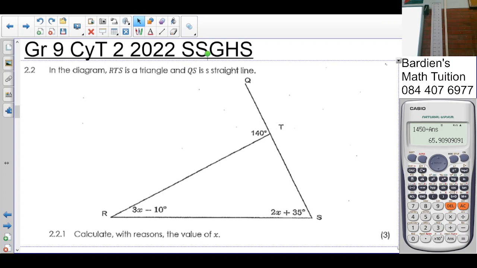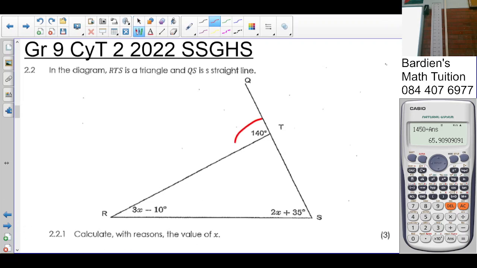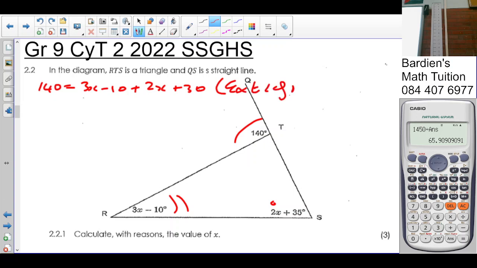But all in the diagram, RST is a triangle. QS is a straight line. Calculate, with the reason, the value of x. So exterior angle is equal to the sum of the two interior opposite angles. So 140 degrees is equal to 3x minus 10 plus 2x plus 30. That is the exterior angle of triangle TRS.